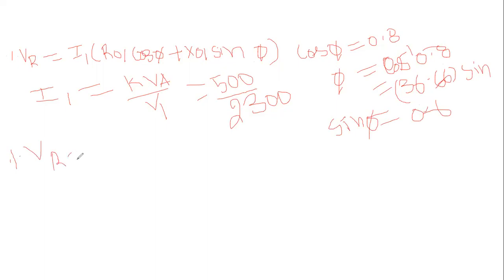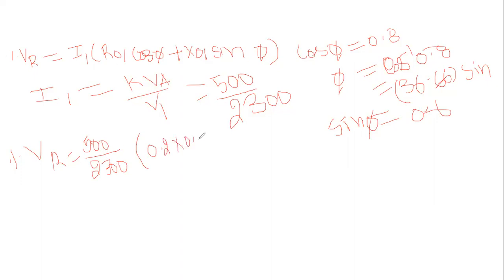We substitute I1, which is 500 by 2300, into R01. What is R01? That is 0.2, into cos phi.